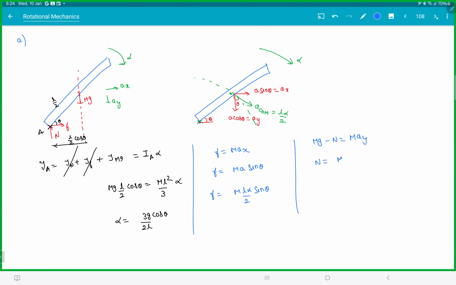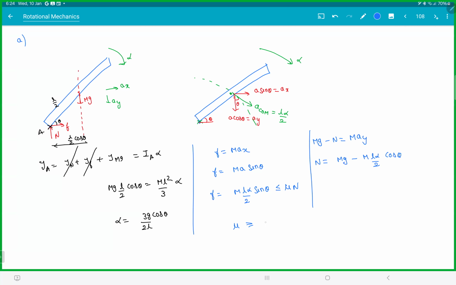So N will be mg minus m AY, that will be m L alpha by 2 cos theta. From there you get N also. And we know friction should be less than or equal to mu N. So we get mu should be greater than or equal to m L by... what is L alpha?